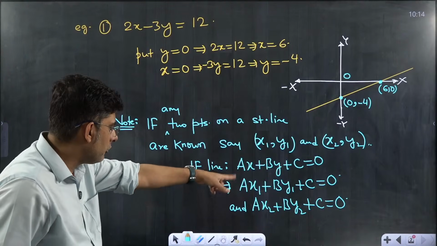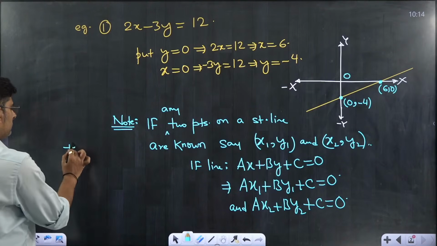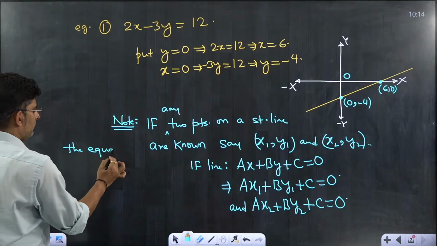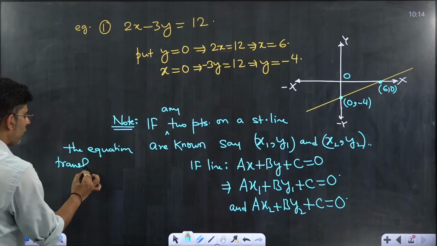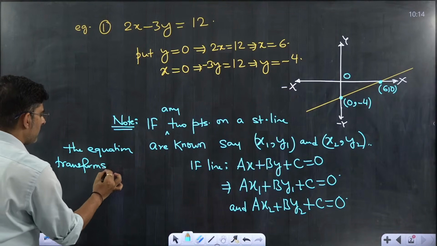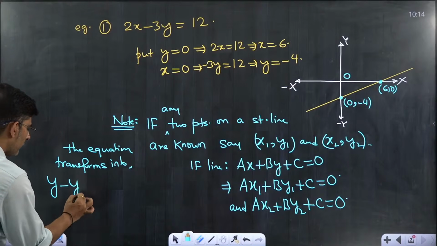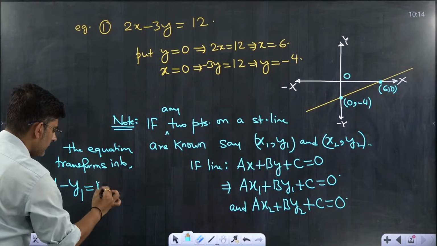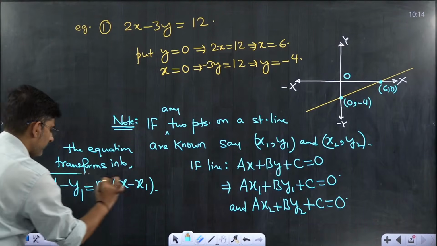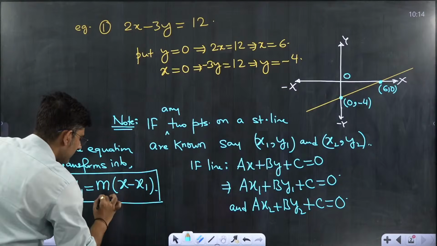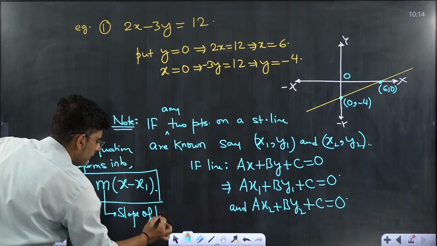So when you solve these 2 equations, we directly get the equation transforms into some form which you can easily remember, y minus y1 is m into x minus x1, where m is nothing but what we saw yesterday, which is slope of the line.